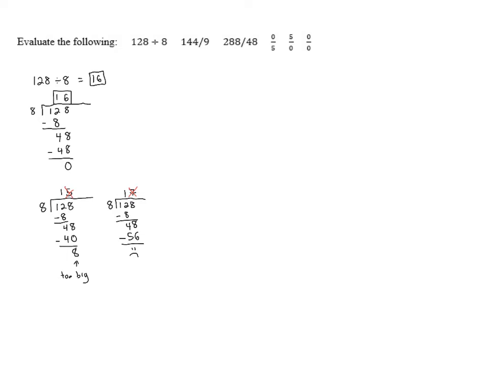And so really, what assures us that we have done it correctly is that this number down here that we get, this remainder, must be less than the number that we're dividing by, which in this case is 8.